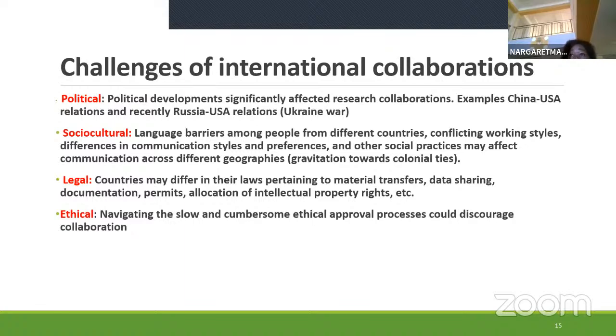What is acceptable in one community might not necessarily be accepted in another community. So because of the differences, that again may be a challenge in collaboration. The third one: each country is sovereign on its own, and you cannot impose the laws of one country onto the other.